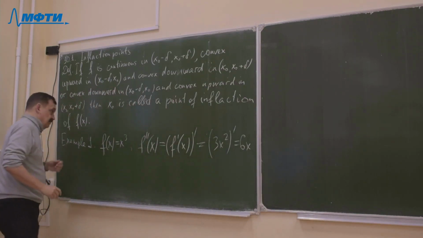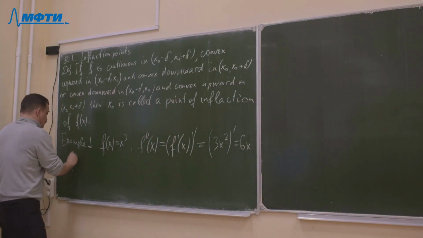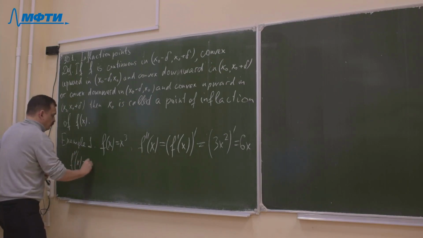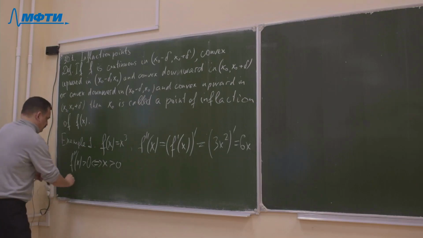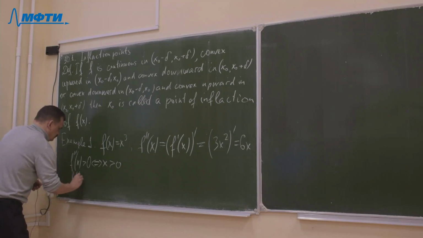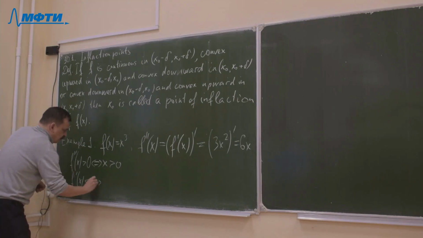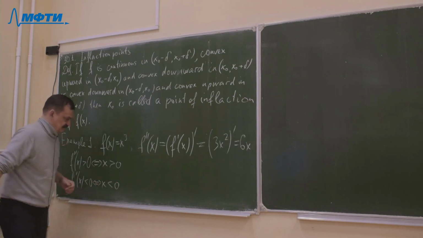We see that the second derivative is positive for x positive, and it is negative for x negative.